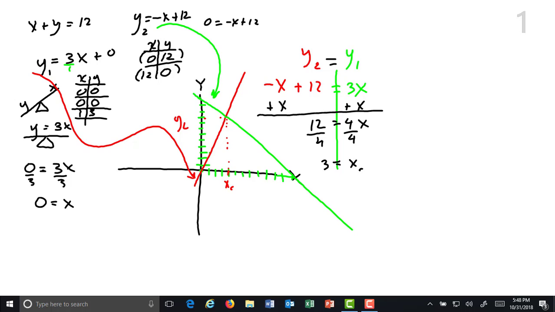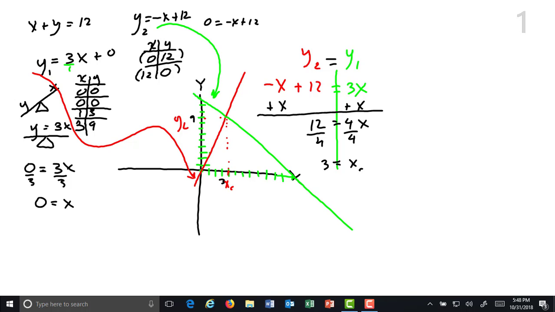Huh? 9. Yeah. So this is supposed to be like 9. This is supposed to be 3. You see? Yeah. So that should be the answer.